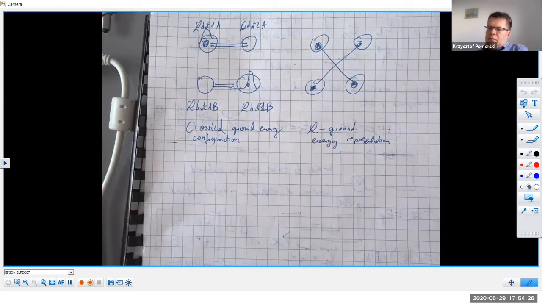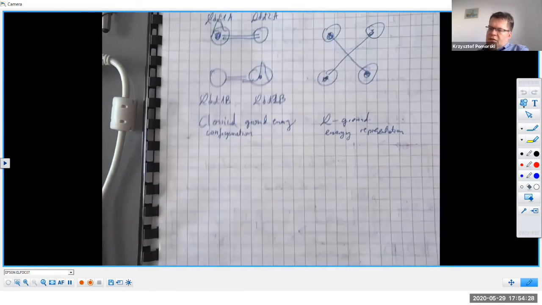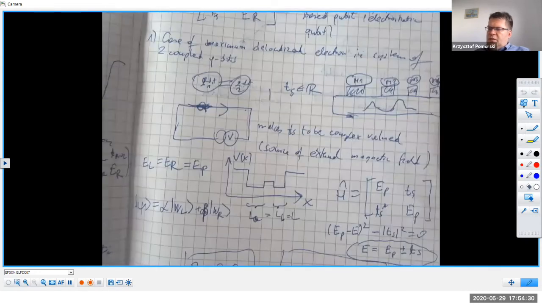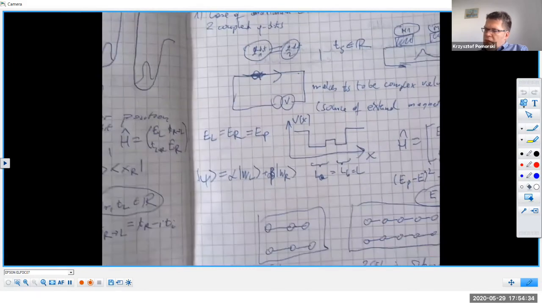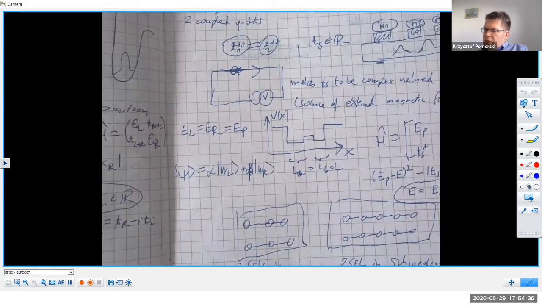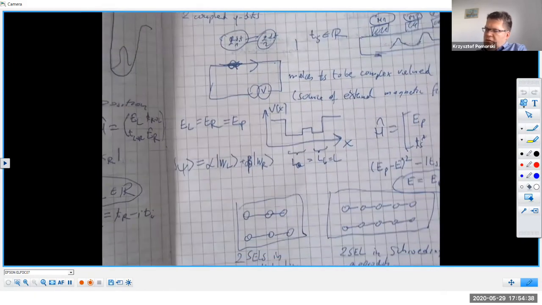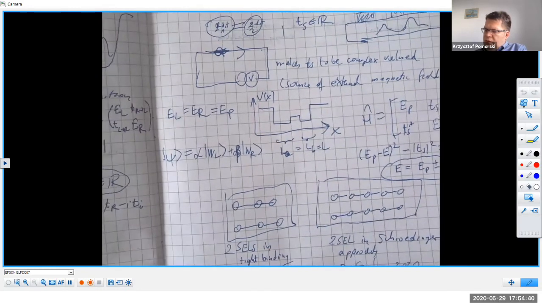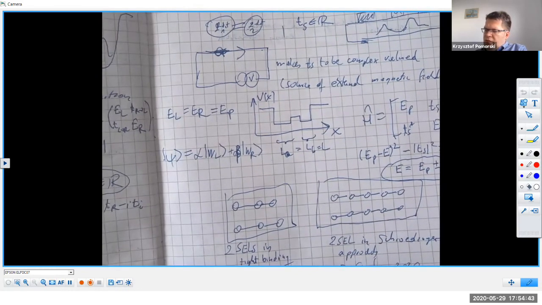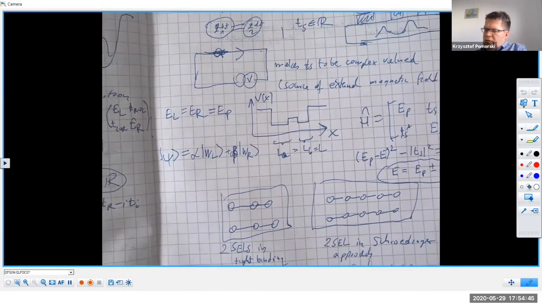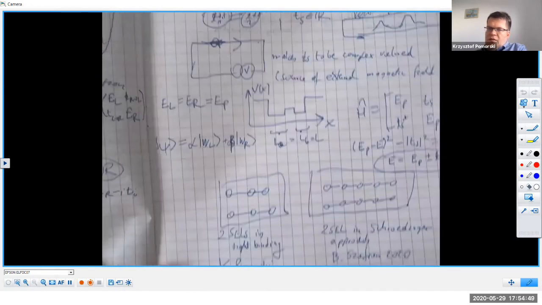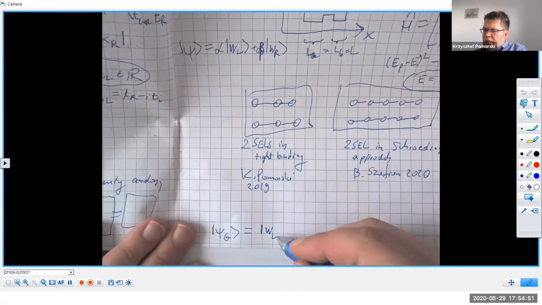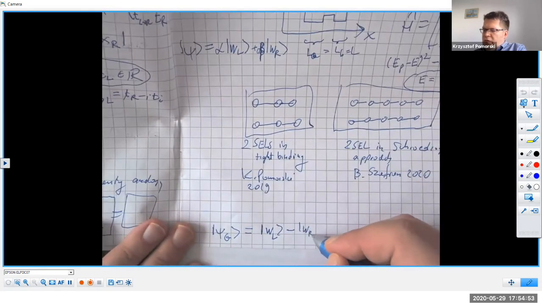Yeah, but before moving to this, let's still refer to this example. So basically what happens is that your ground energy is VL minus VR.